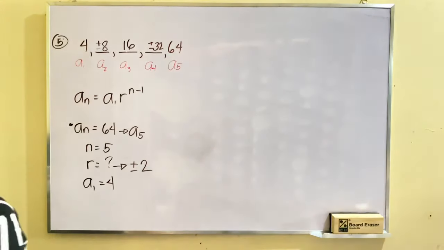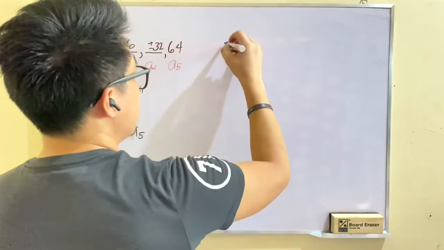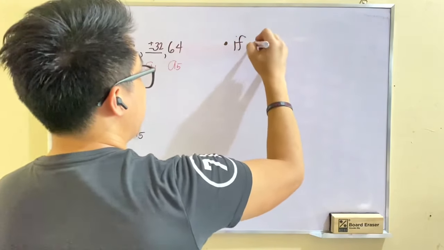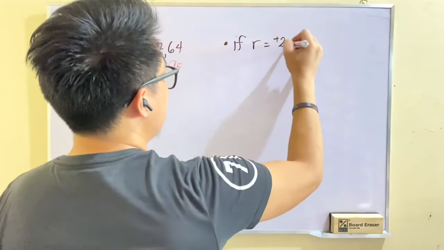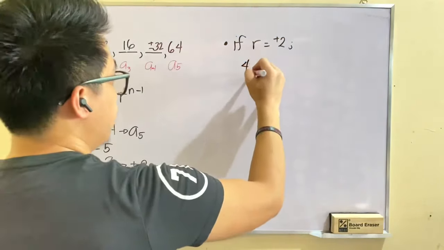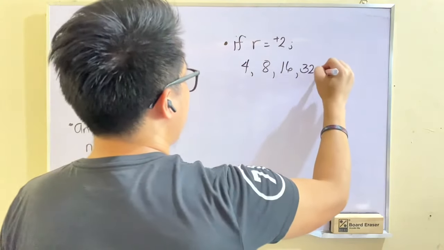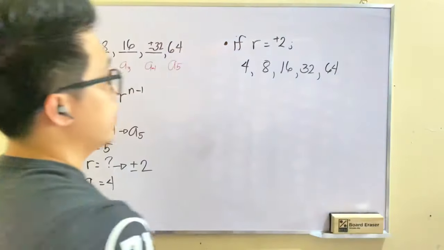Okay, after natin makuha yung 3 geometric means, magkakaroon tayo ng dalawang klase ng geometric sequence. So, ang first one is if ratio is positive 2, therefore, our geometric sequence will be 4, 8, 16, 32, and 64.